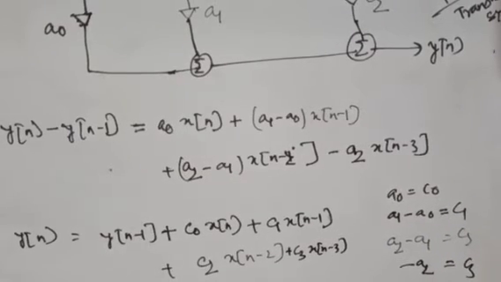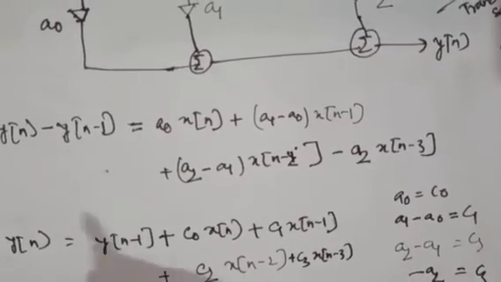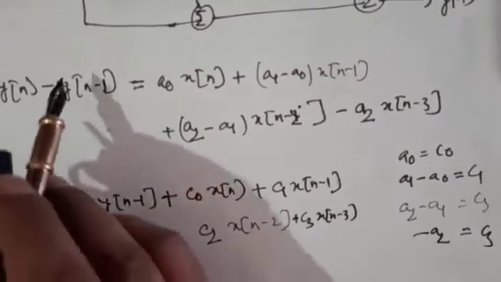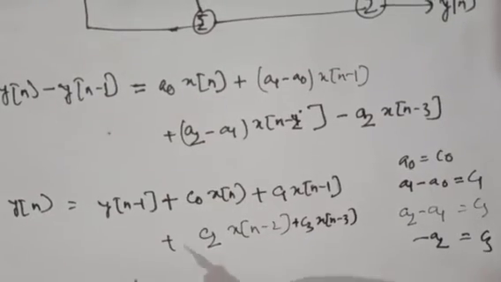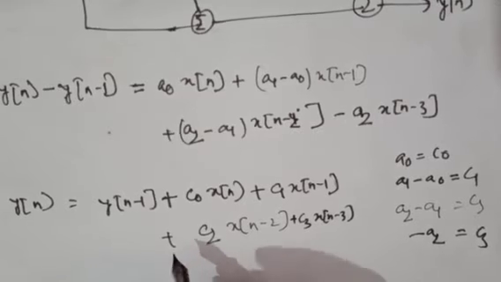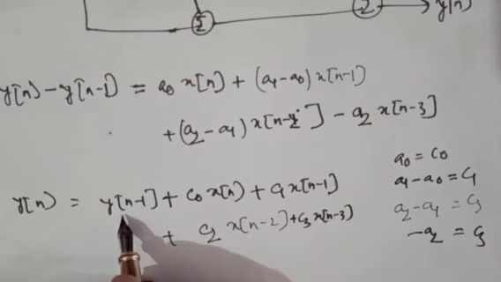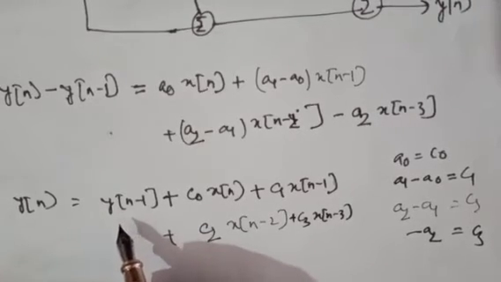Now look at this. This is the same system only. The thing is that now you can see one past output, so it becomes recursive.